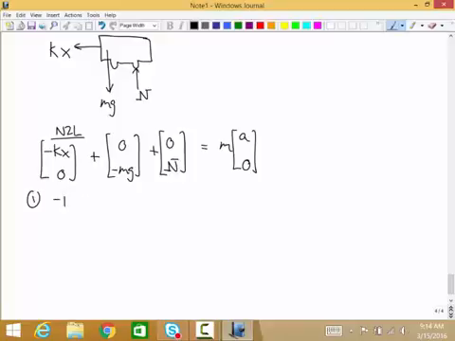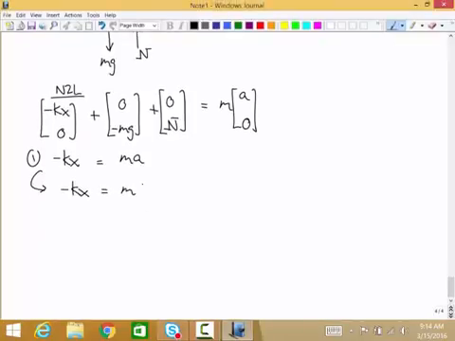So that first equation says negative kx is equal to ma, and you can rewrite that as negative kx is equal to m times the second derivative of x with respect to time. So in other words, negative k over m times x is equal to the second derivative with respect to time.